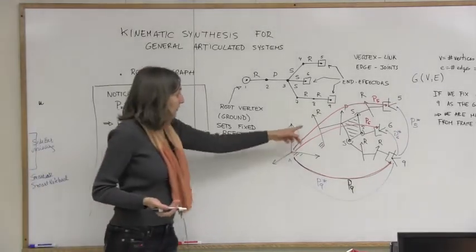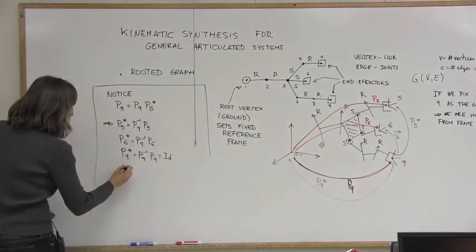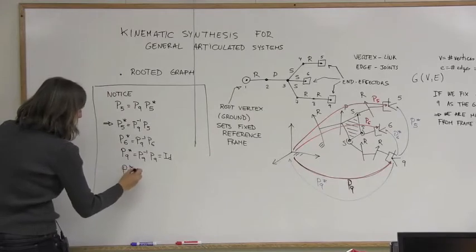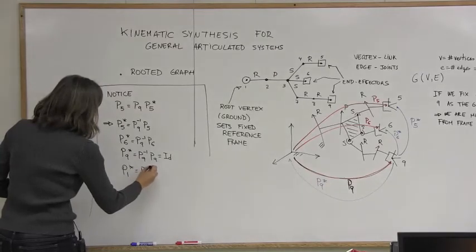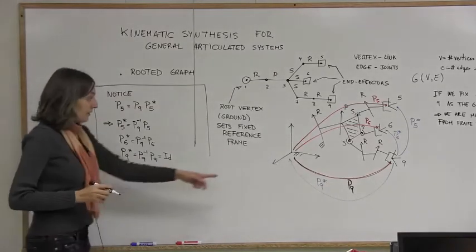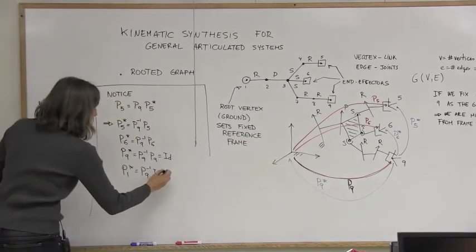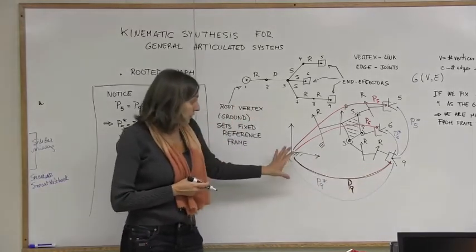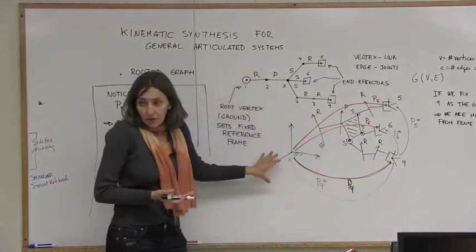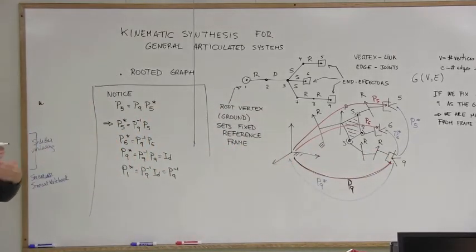And you can even calculate what is now an end effector, P1. P1 star will be equal to P9 inverse times the identity. The motion from 1 to 1 with respect to 1 was the identity, so this is just P9 inverse, just this inverse transformation. So when you only have one end effector, this is a trivial operation. Just do the inverse. When you have more than one end effector, then you need to do this two-step process.